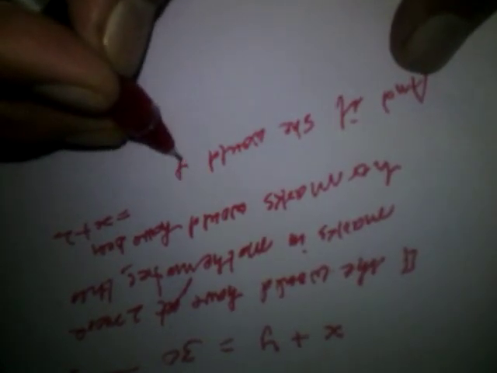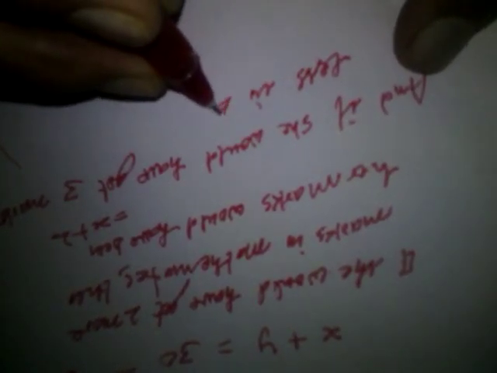and if she would have got 3 marks less in English, then her marks would have been y minus 3.